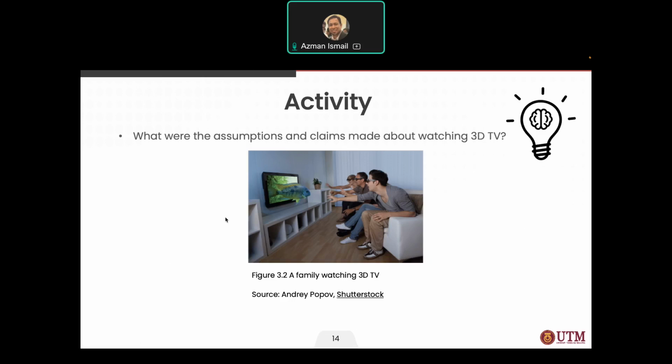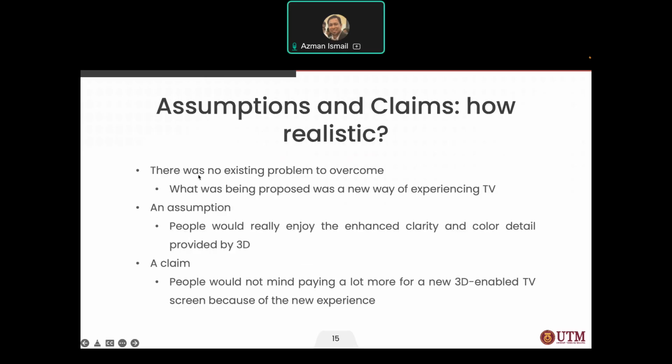Maybe something is wrong with the approach, or maybe the price of the technology is very expensive. In order for people to buy them, they need to spend a lot of money, and it's not worth it. So there are many assumptions and claims about watching television in 3D. So, assumption and claim, how realistic are they?